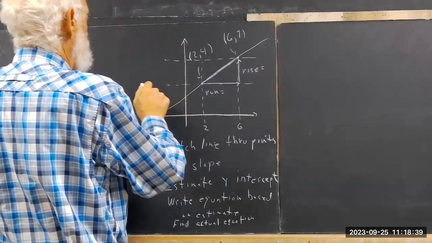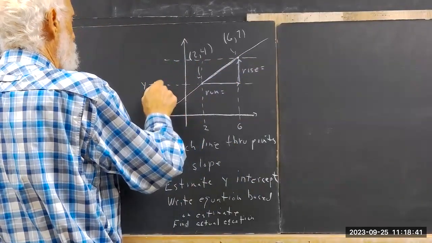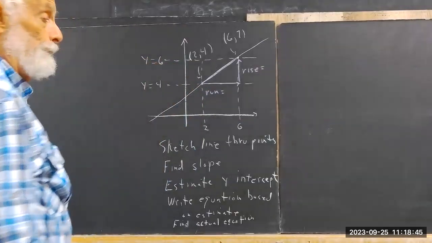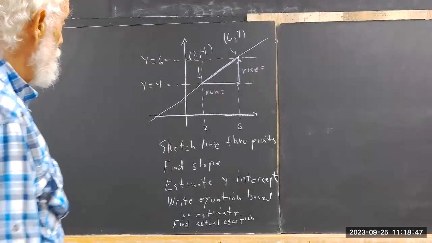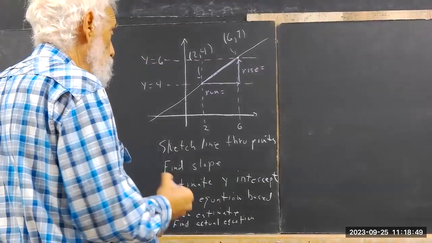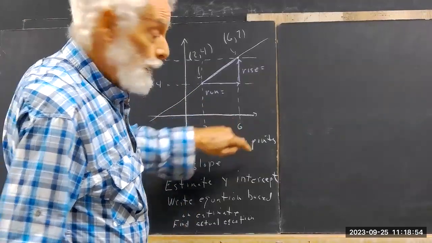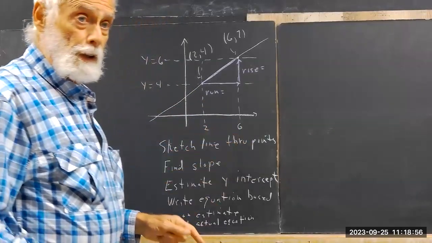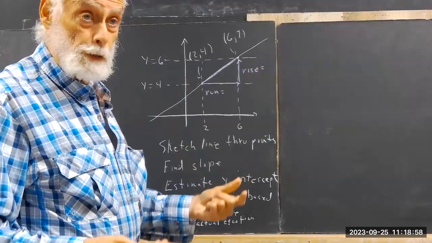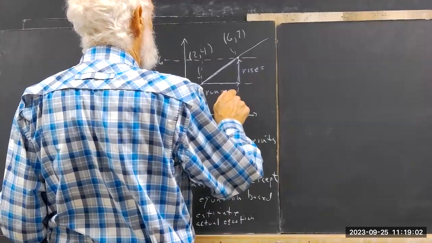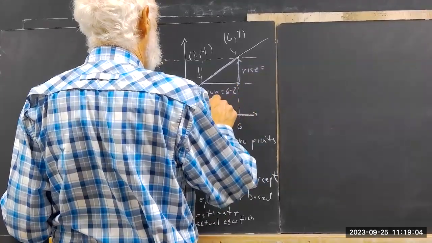This line is y equals 4, and this line is y equals 6. Okay? Then we can easily see that the run goes from x equals 2 to x equals 6. How far is it from 2 to 6? Well, we do that in our heads. It's 4 units, plus 4 units, and we get that by doing the subtraction: 6 minus 2 equals 4.